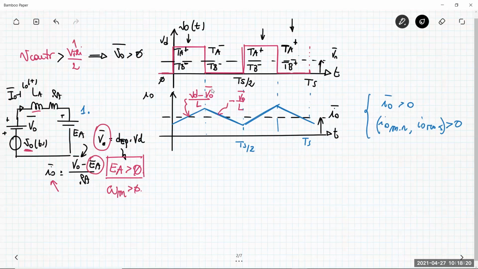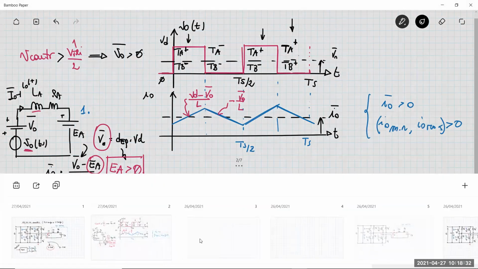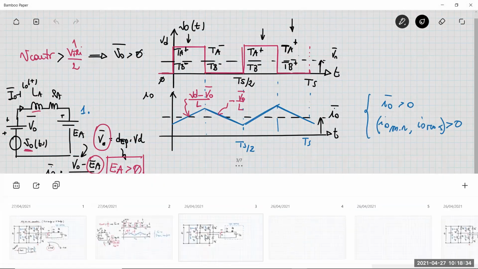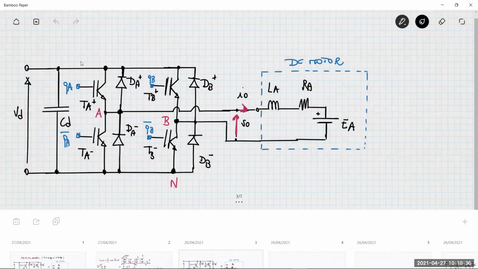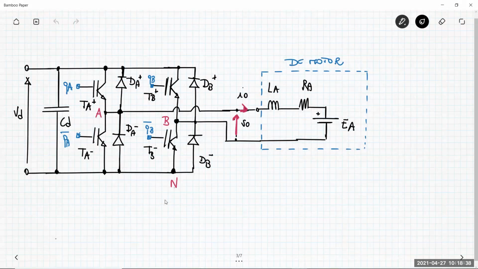What can be analyzed is the status of the conduction. So what are the devices that conduct that current? In order to do that, let me use these circuits in order to understand that here you have a current which is positive. So the current is flowing exactly as indicated.